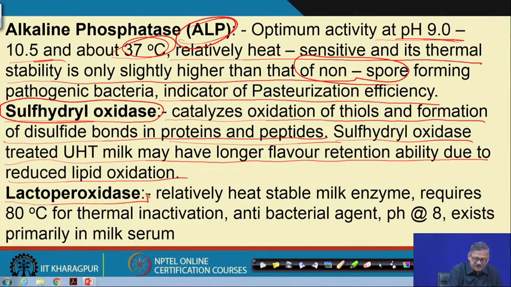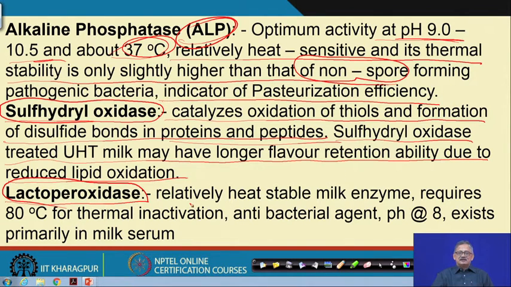Then lactoperoxidase, right. The peroxidase we had said earlier, that is the oxidative enzyme which catalyzes, and by the way enzymes are catalysts, that we know. It acts as a catalyst for any reaction, whether good or bad in a material.